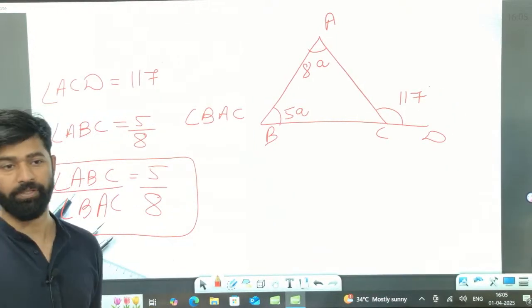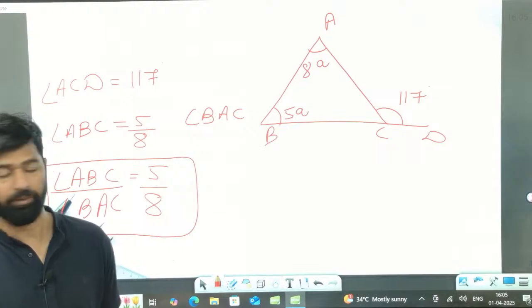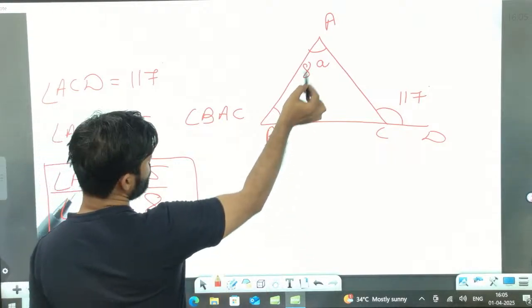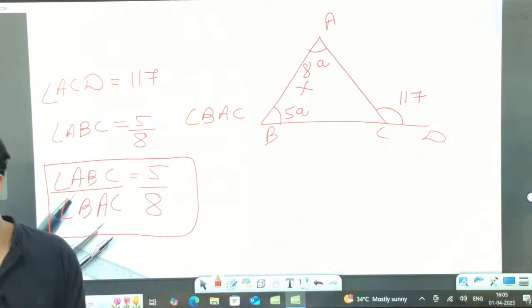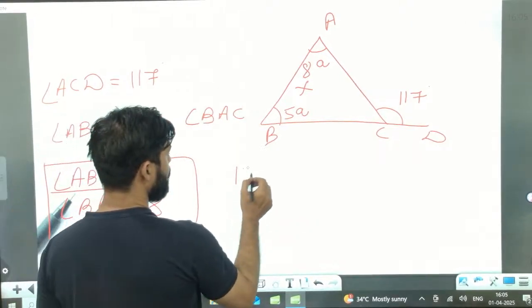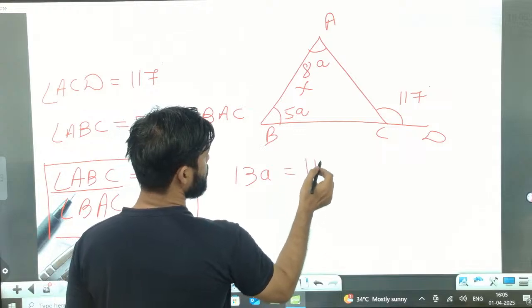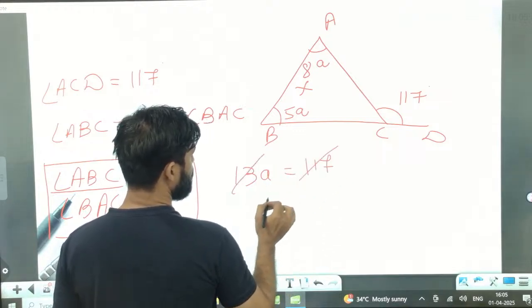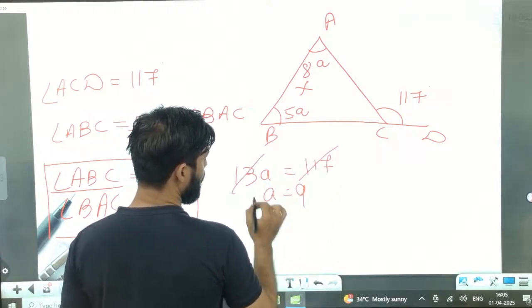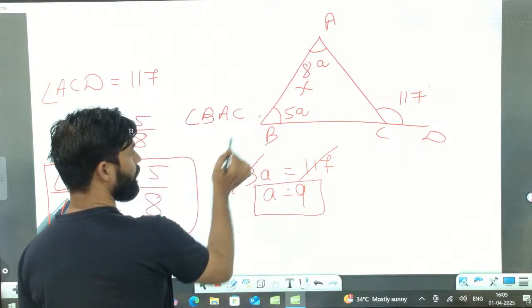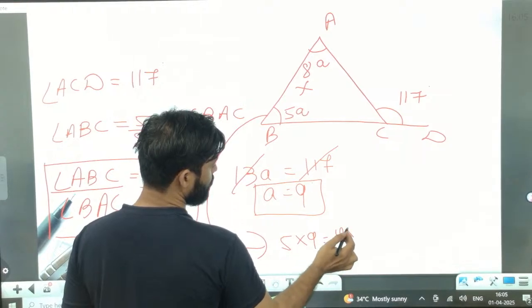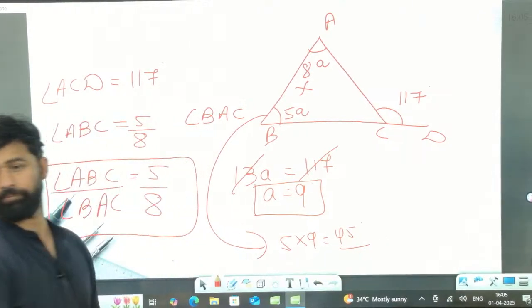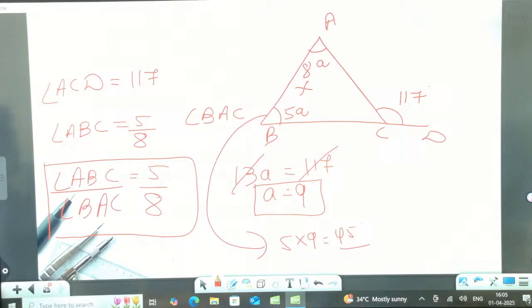Angle ABC, it means we have to find the value of 5A. So we can add these two angles and it will be equal to 117. So 13A equals 117. So A equals 9, but we have to find the value of 5A, so it will be 5 into 9, that will be 45 degrees. Okay, done.